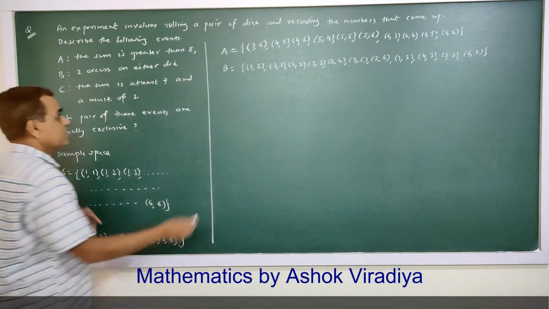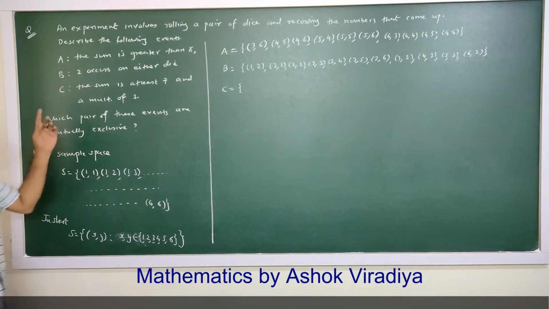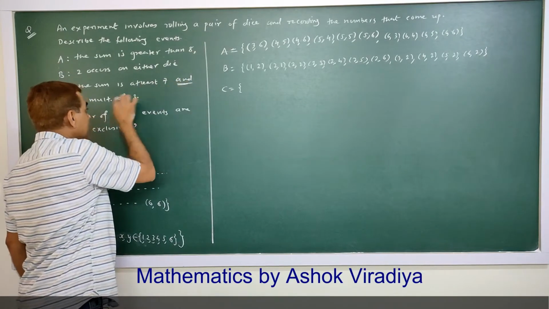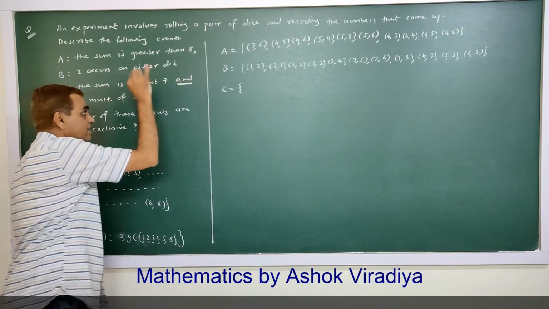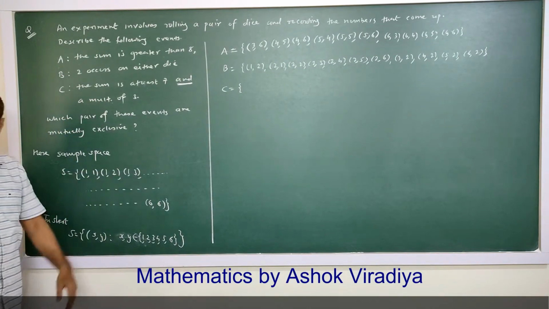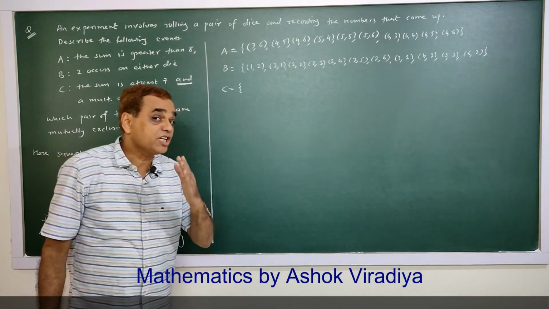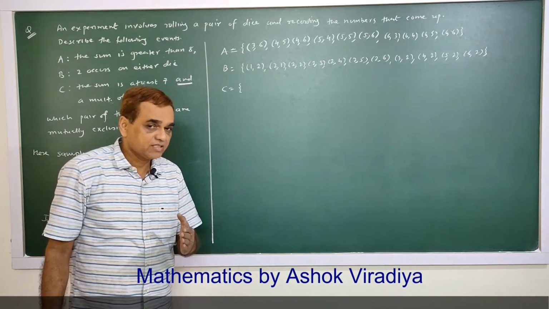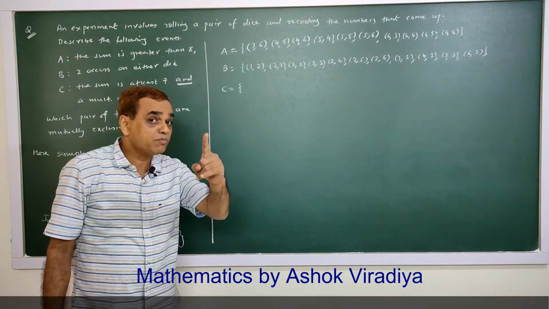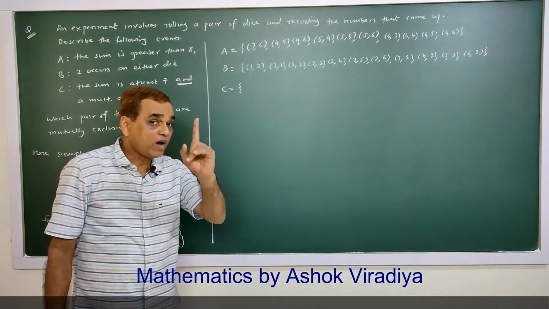Then C is the event in which the sum is at least 7 and a multiple of 3, and both conditions must be satisfied. That is the meaning of the word and. Sum is at least 7. Now see, 7 is not a multiple of 3. 8 is not a multiple of 3. 9 is a multiple of 3. 10 is not. 11 is not. 12 is a multiple of 3.